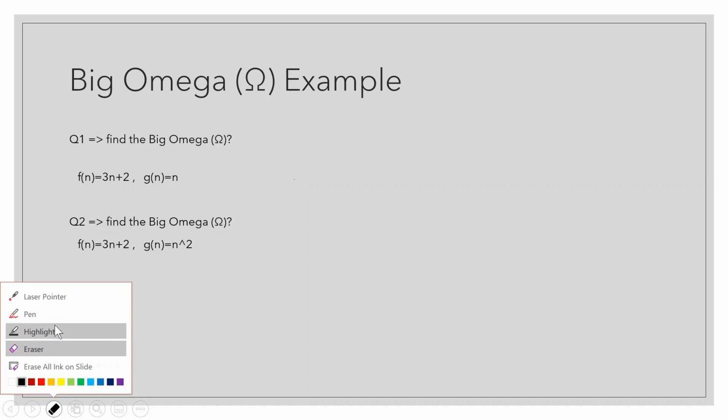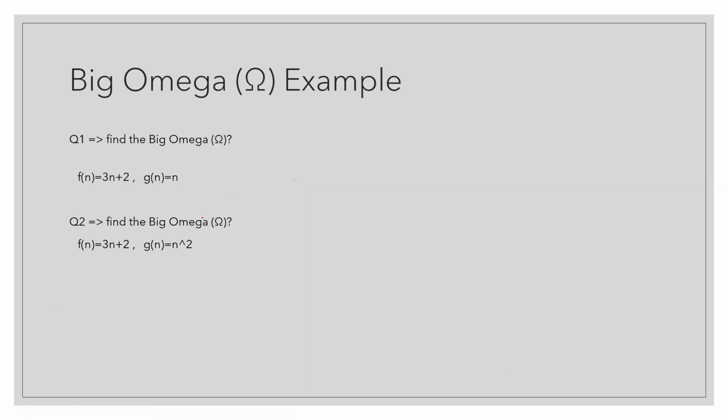Now let's go to the next question, whether this condition is satisfied or not. Same, 3n plus 2 greater than or equal to c·g(n), which is n square. If we put c is equal to 1, n square is a big term.